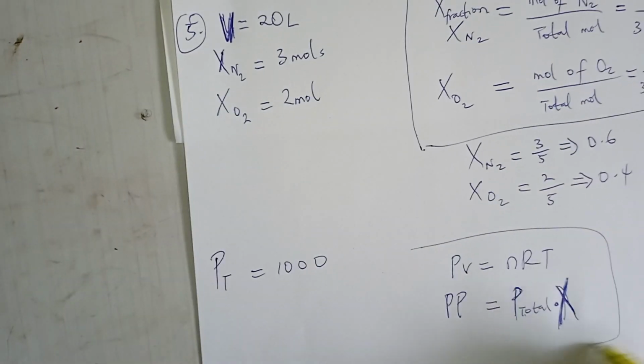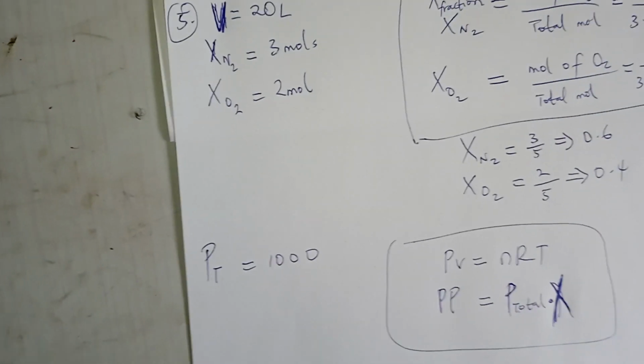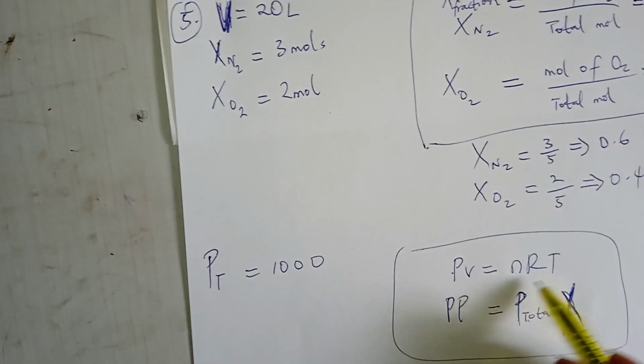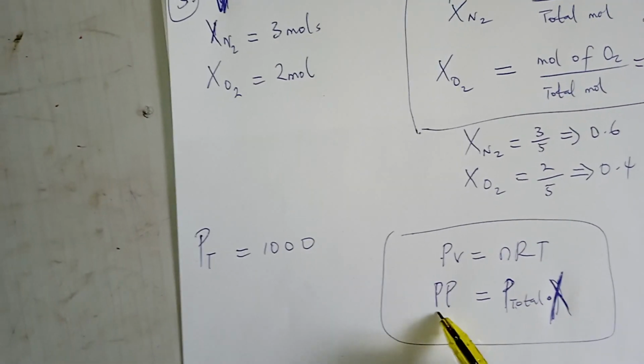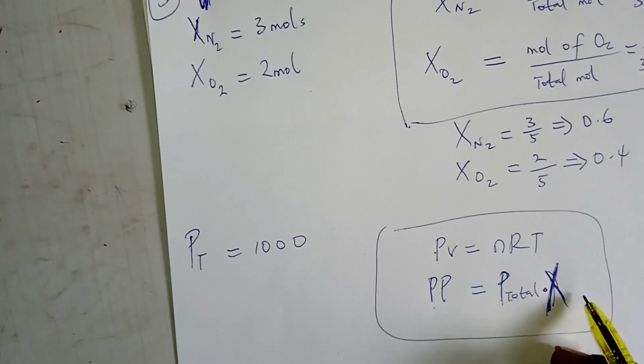So these two formulas, anytime you are asked to find partial pressure, so any pressure you find here is the pressure of a particular gas, and this partial pressure is equals to total pressure times mole fraction.